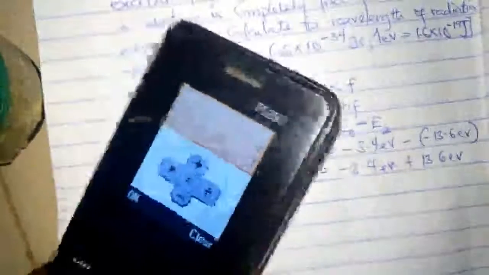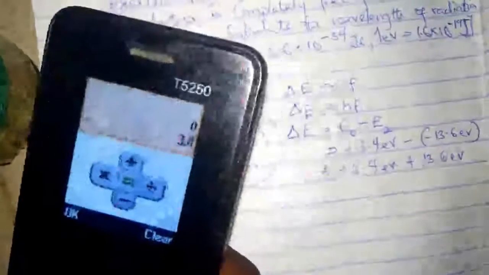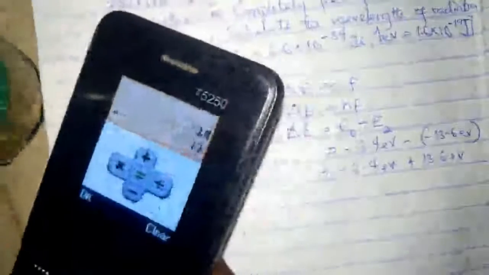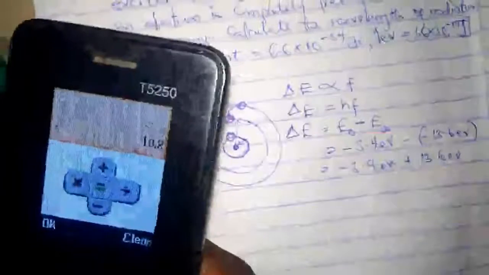Now I have minus 3.4 plus 13.6, which equals 10.2. So we have delta E equals 10.2 electron volts.